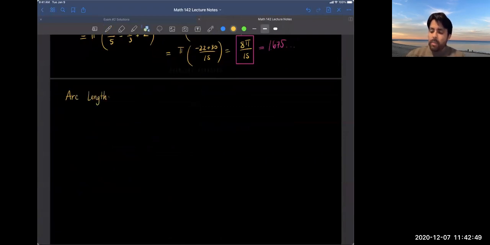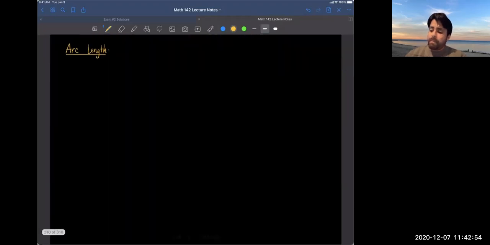So this is an important idea. I think it's a pretty cool idea too. It's not as cool as volumes. You've seen this monster before. But this idea of arc length is very interesting, especially when you step into the multivariable scene.